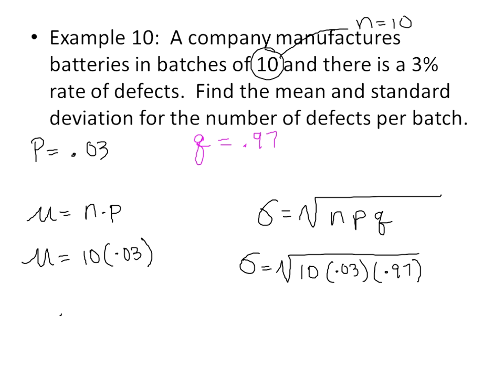So for the mean, you're just multiplying 10 times 0.03, which is just 0.3, right? So the mean is 0.3. And for the standard deviation, we're just taking the square root of that. So what do you get for the square root of that?